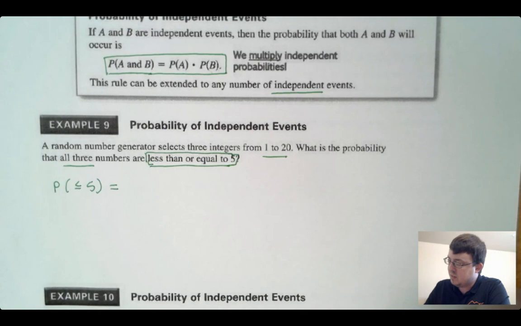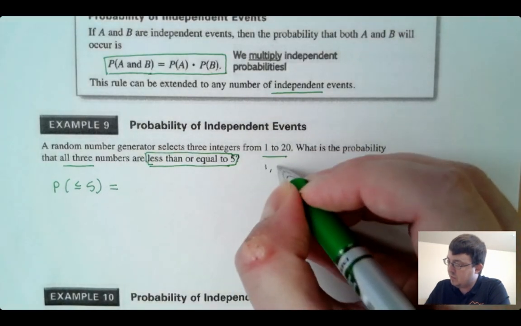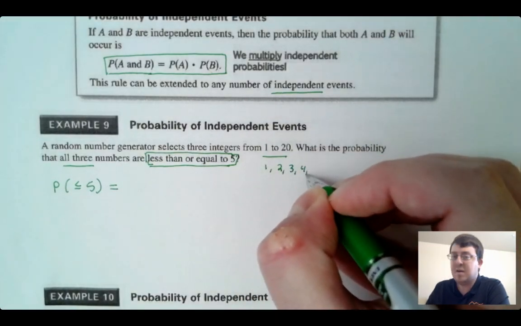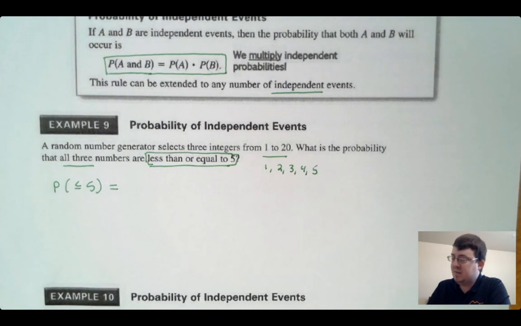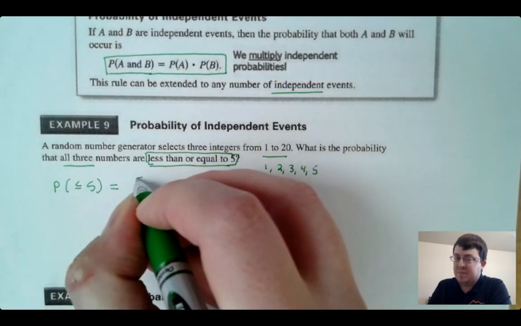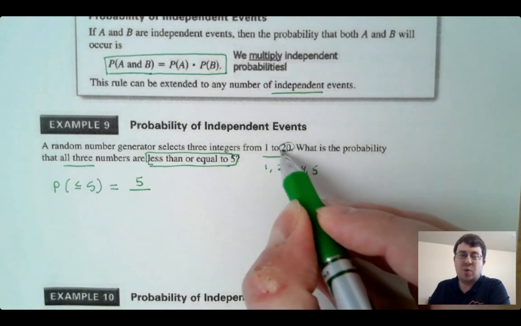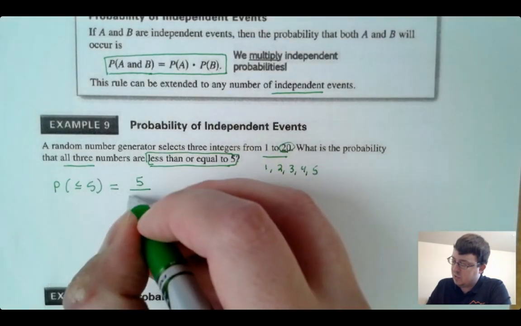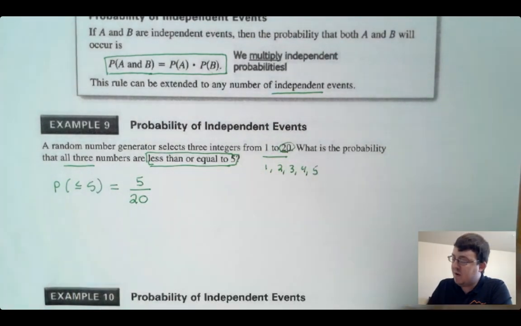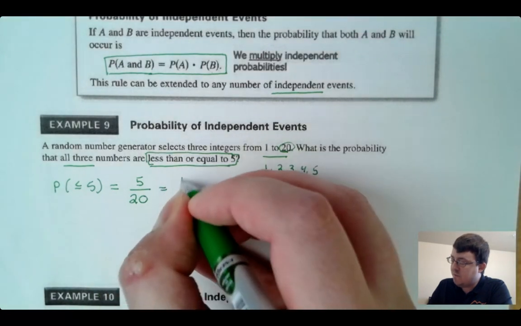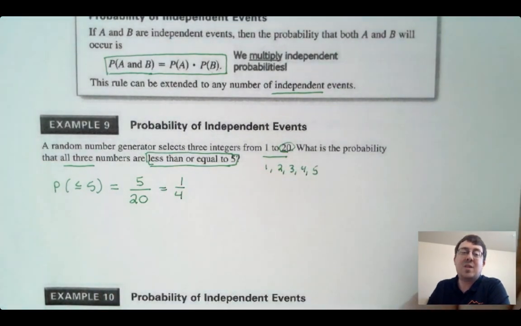Well, the numbers 1, 2, 3, 4, and 5 are less than or equal to 5, so there's 5 of them. There are 20 total options, 1 through 20. If I reduce this fraction, there's a 1/4 probability that I get a number that is less than or equal to 5.